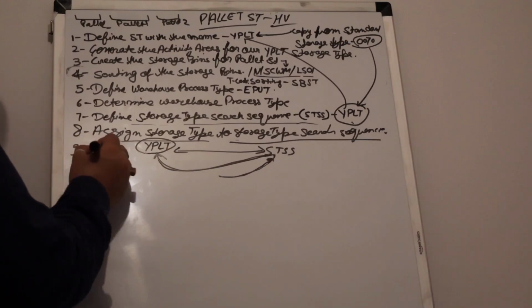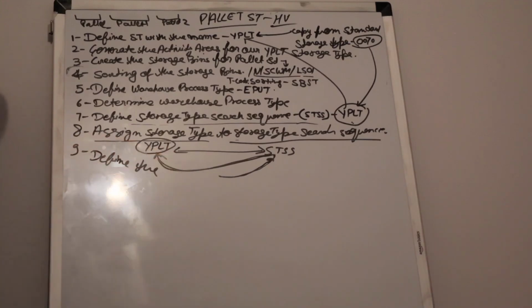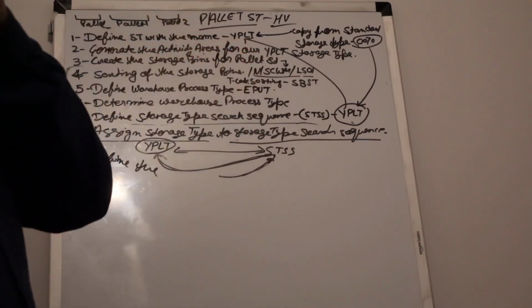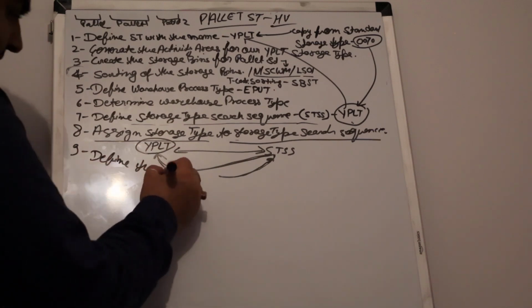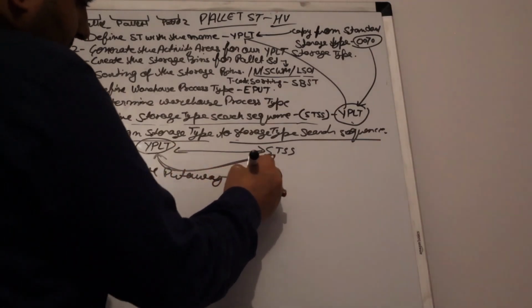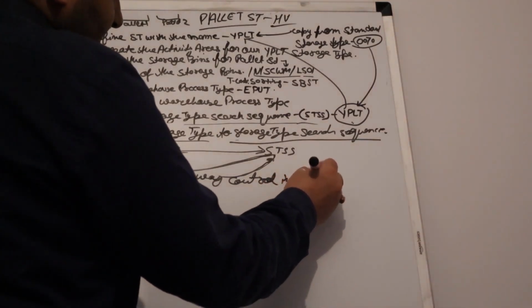Then we must define, now see, we define this. Now a very important point: we define the put away control indicator for the inbound process.